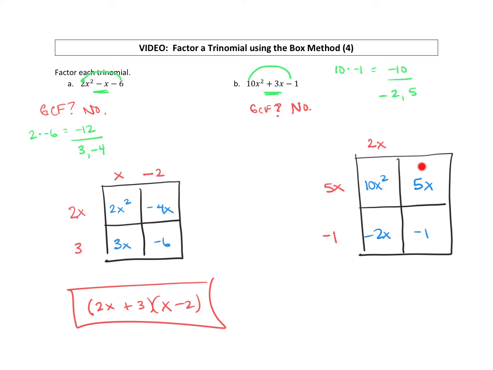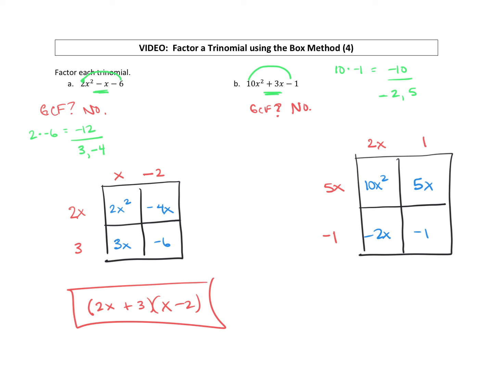Then we come to our last column, 5x and a negative 1. Again, you don't have two negatives, so we will not have a negative GCF. Do 5x and 1 have any common factors? They do not, so we will write in a 1 as that common factor.